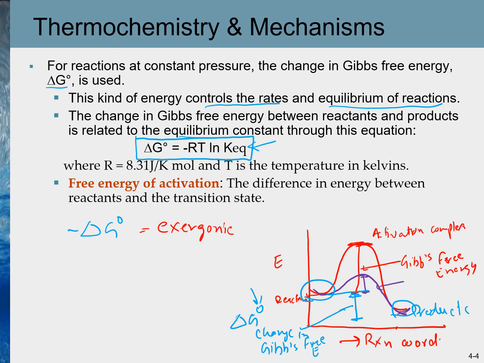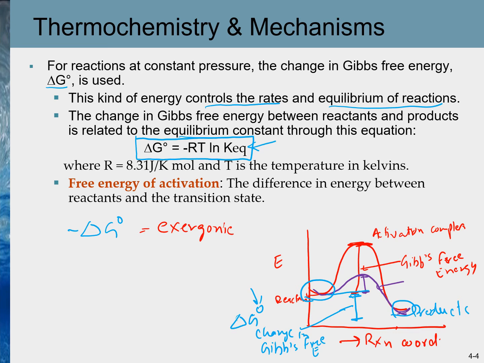We should not confuse exergonic with endothermic or exothermic. Exothermic reactions are those in which heat is evolved. Delta G is not the heat energy. In fact, I will explain in a little while that it is a combination of the enthalpy, which is delta H, and entropy of the system.